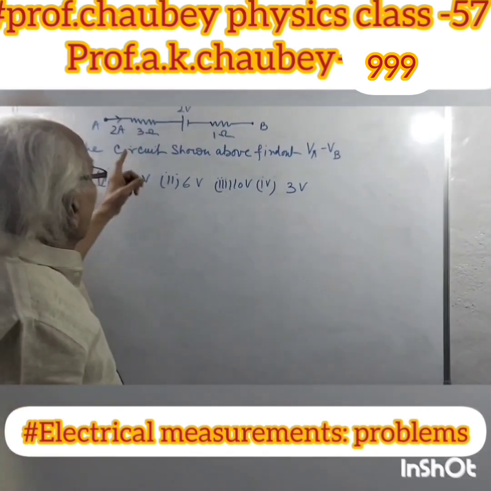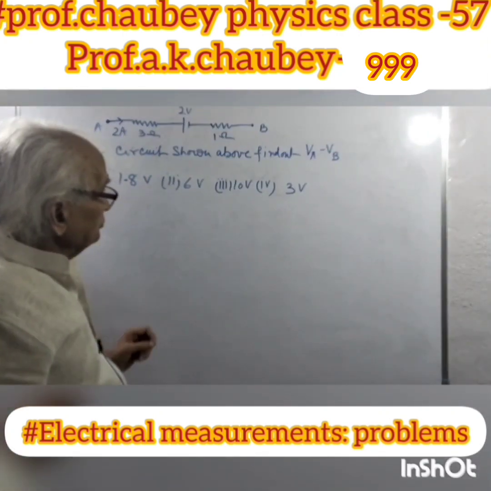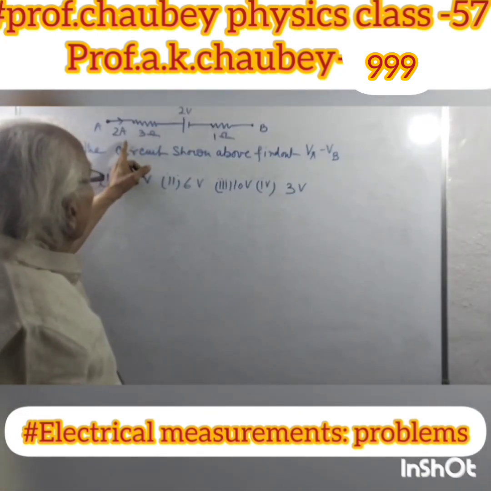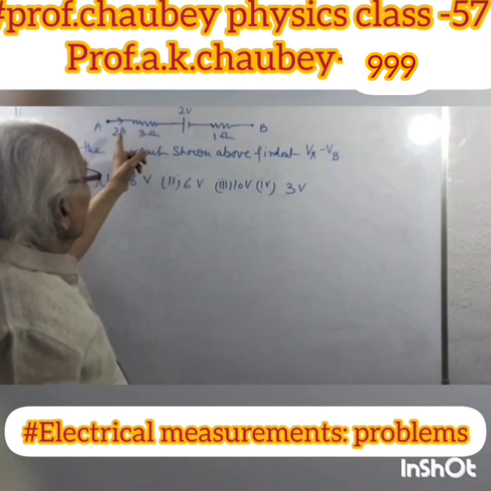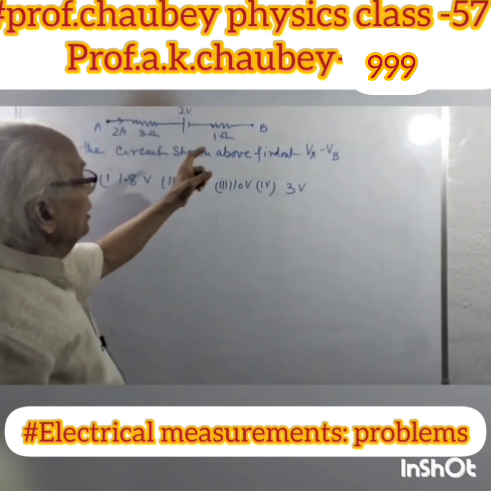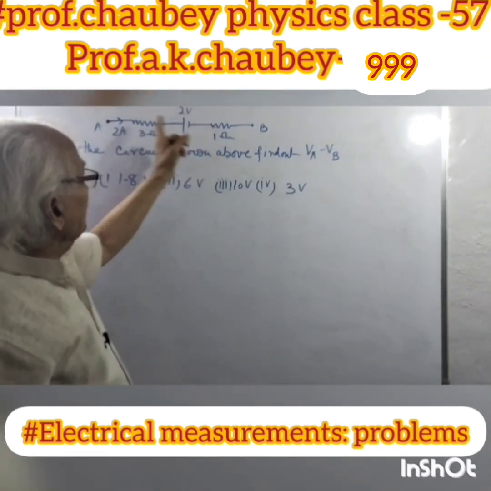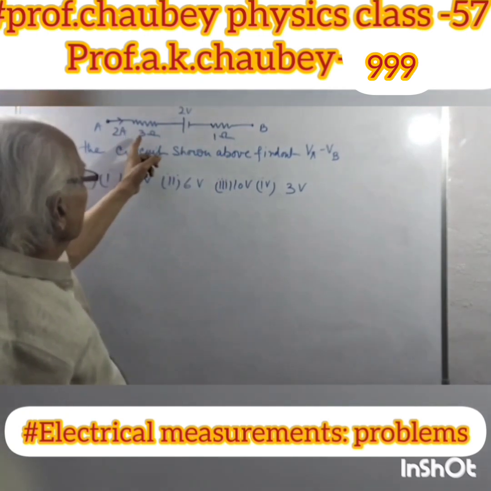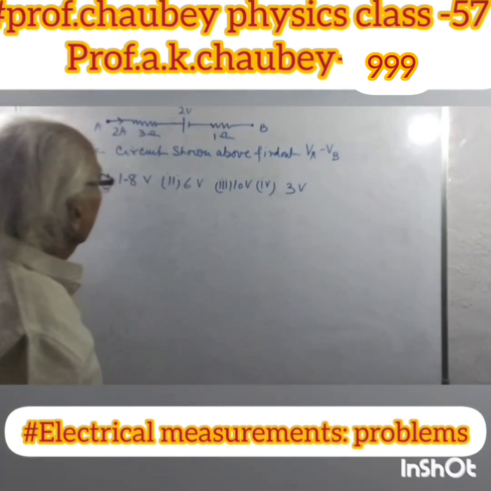I is 2 ampere here. So 2 ampere into 3, 2 threes are 6. And 2 ampere into 1, this current is the same, so it is 2. So 6 and 2.